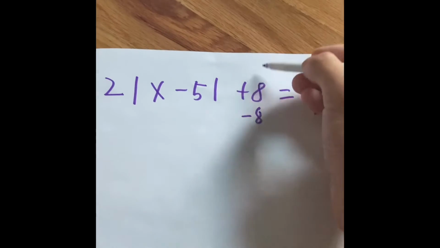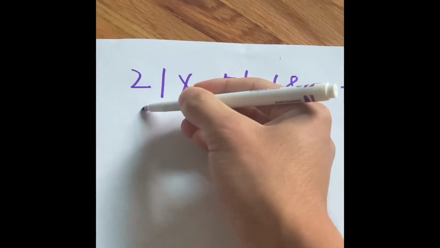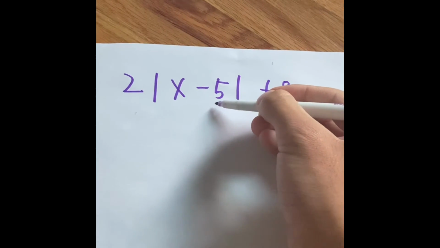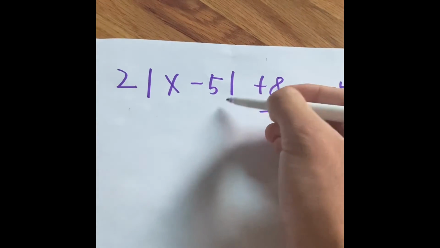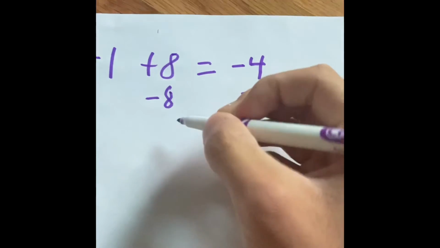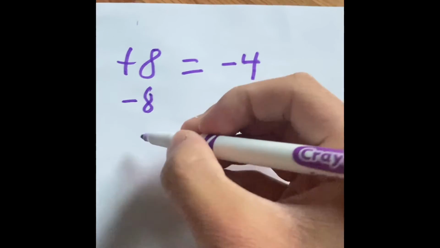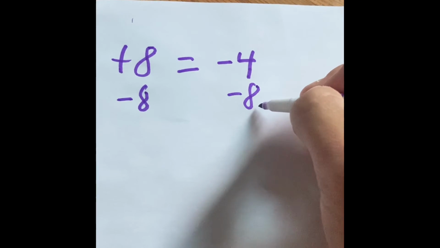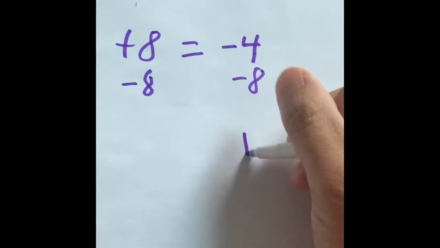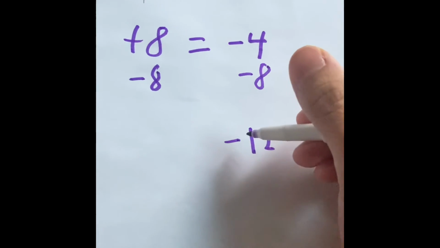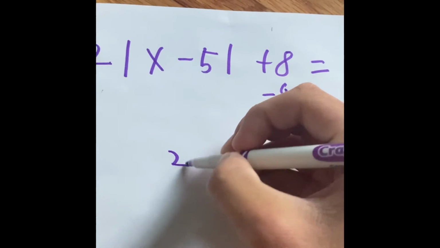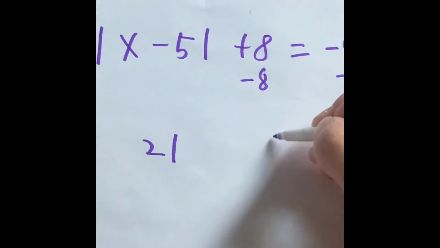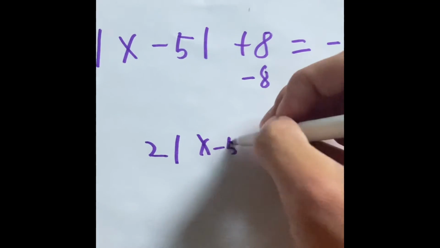The first thing to do is mess with the 8, not with the 2, and definitely not the absolute value bars or what's inside them. So 8 minus 8 is 0, and negative 4 minus 8 is negative 12. And we rewrite the problem as 2 absolute value of x minus 5.